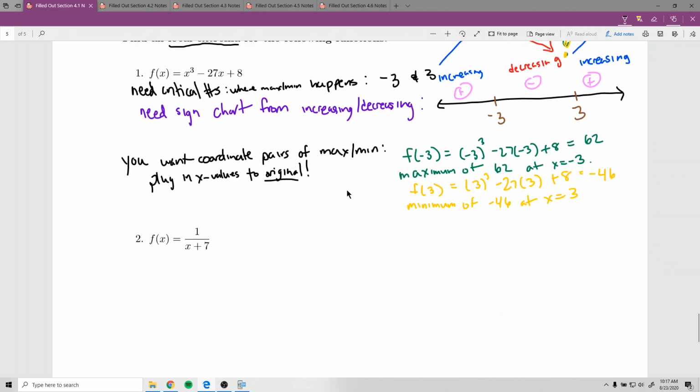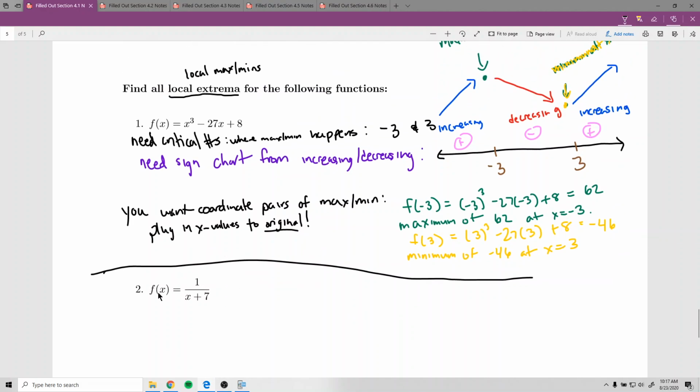Now, the last one's super easy for doing this, because to figure out the maximums and minimums, we need the critical numbers. If you remember, this function had no critical numbers. So this is just D and E, or there is no extrema.